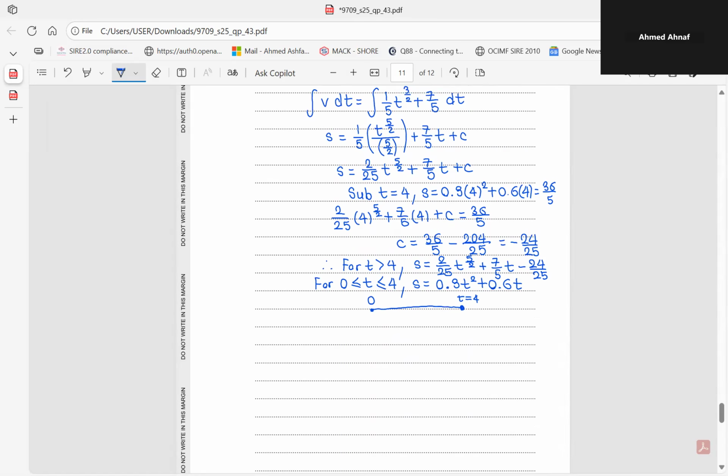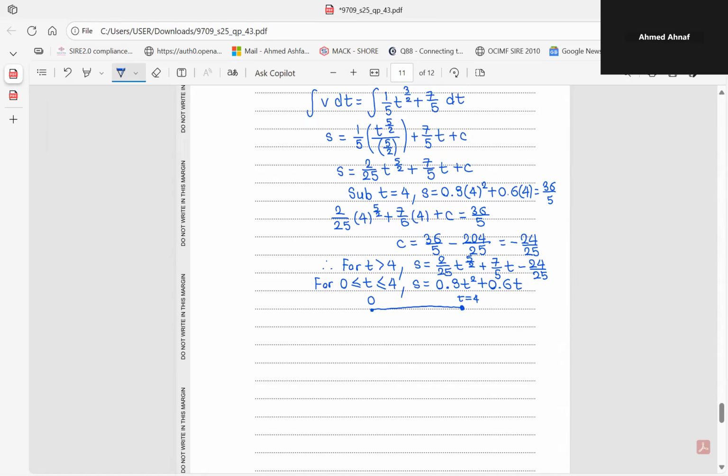So for t equals 5, 2 over 25 times 5 to the power of 5 over 2 plus 7 over 5 times 5 minus 24 over 25, you'll get 10 point something. Like I said, take note when it becomes negative. Okay, so it's still increasing. Yep, still increasing. So now 19 point something.